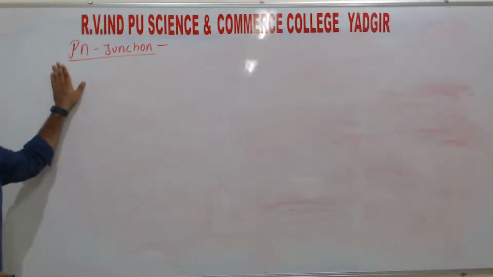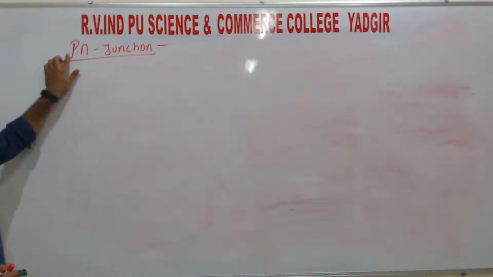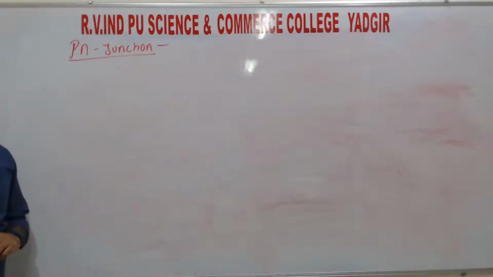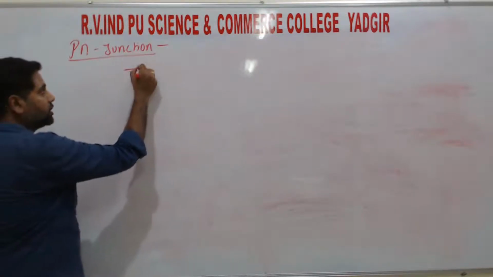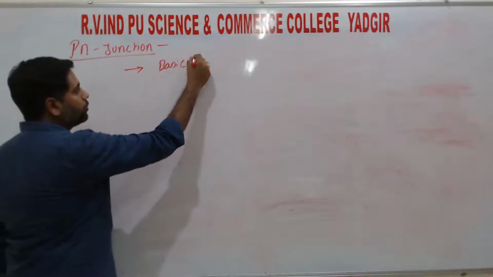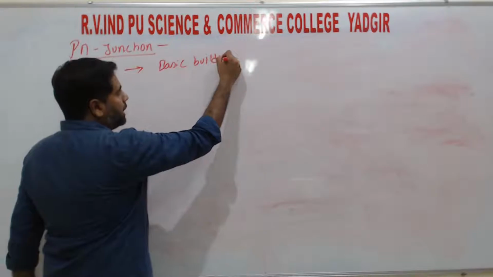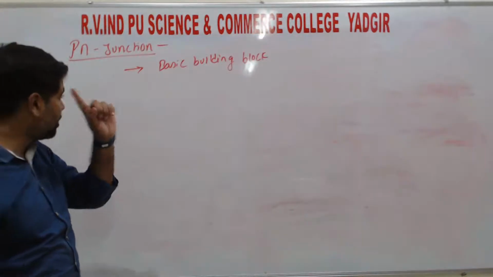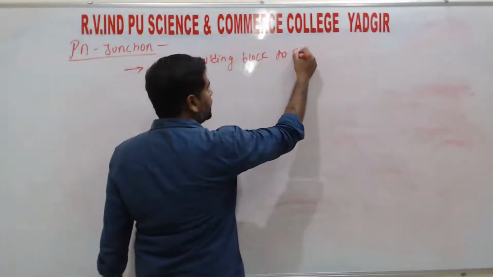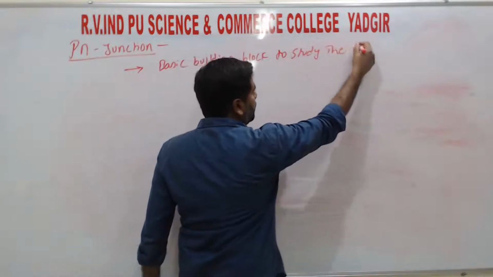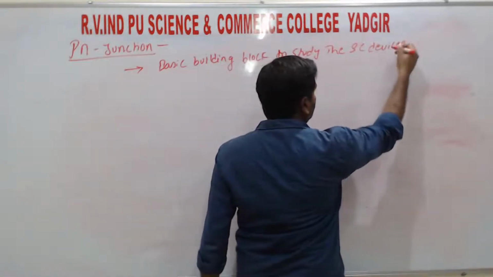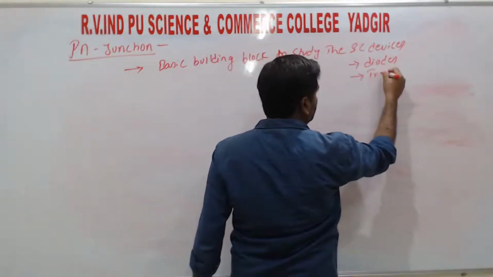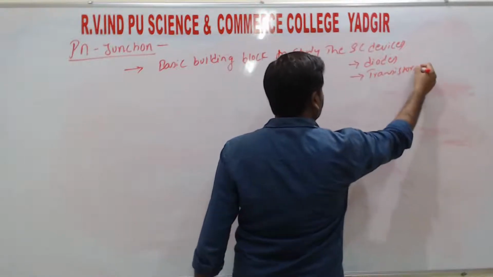So what is helpful to study this? That is the PN junction, right? PN junction is the basic building block of the semiconductor devices. That means it is the basic phenomenon we call, right? The basic building block to study semiconductor devices such as diodes and transistors, right?